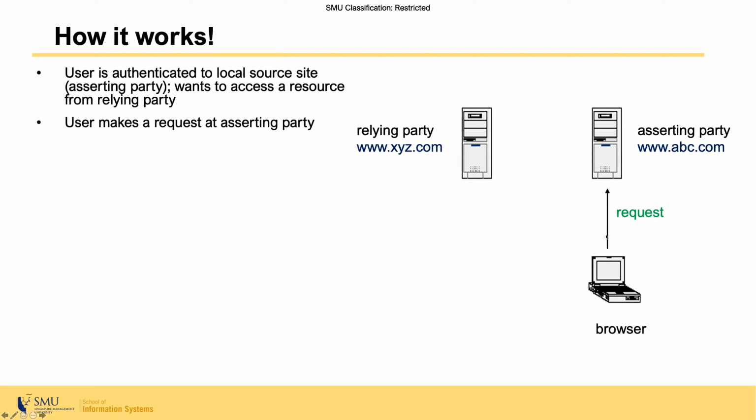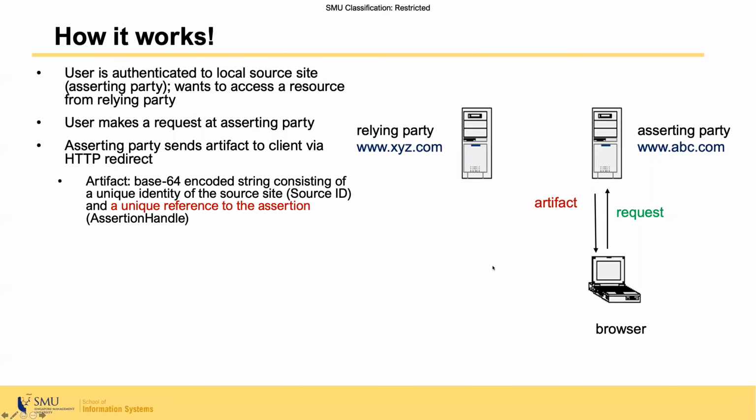And by clicking the link, essentially, this user is sending a request to the asserting party. And since the user has already been authenticated, the asserting party knows who the user is. So the asserting party would prepare artifacts. I will explain about the artifacts a little bit later. It prepares the artifact and sends it back to the client by an HTTP redirect.